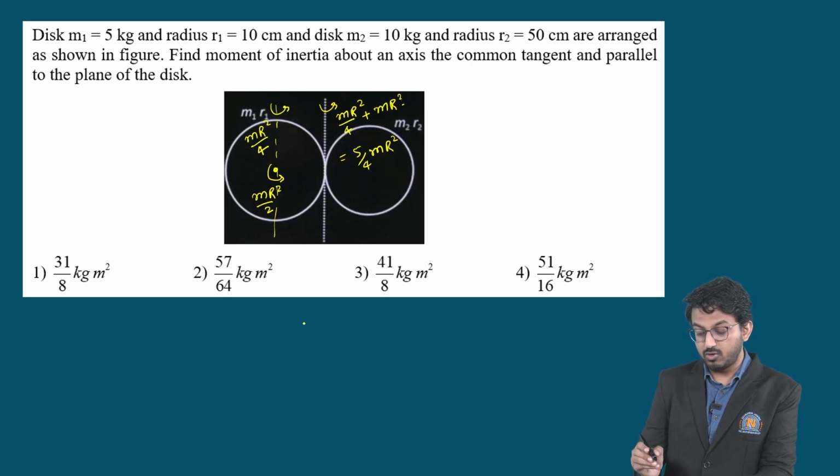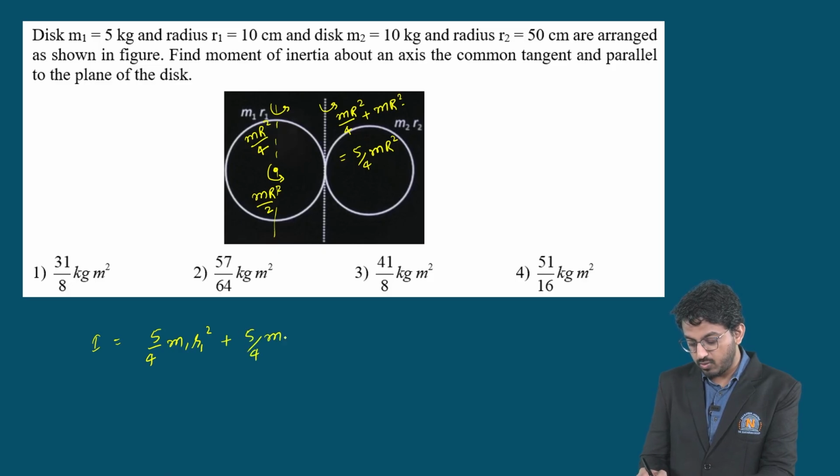Keep in mind there are two such discs available here. So the net moment of inertia is going to be 5 by 4 m1 r1 square plus 5 by 4 m2 r2 square for the other disk here. So 5 by 4 here, and we can put in the values.